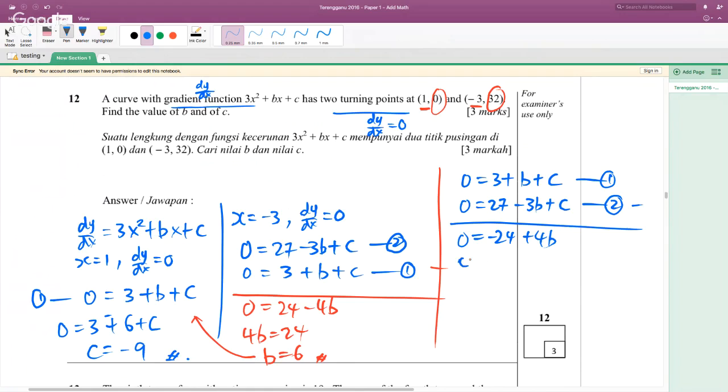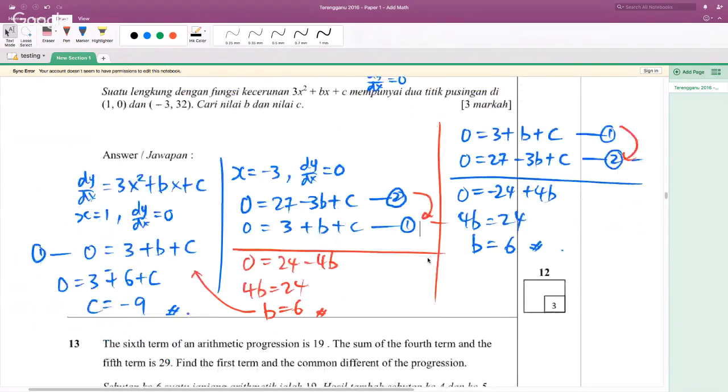So you still get 4b equals 24, and b is still equal to 6. I just want to show you that you get the same answer whether you use 2 minus 1 or 1 minus 2. If you get the idea, then I will move on to the next part.